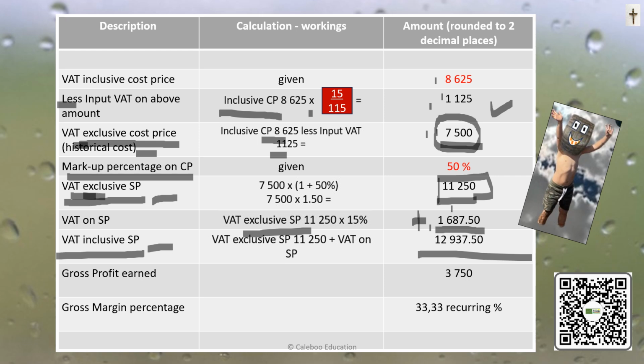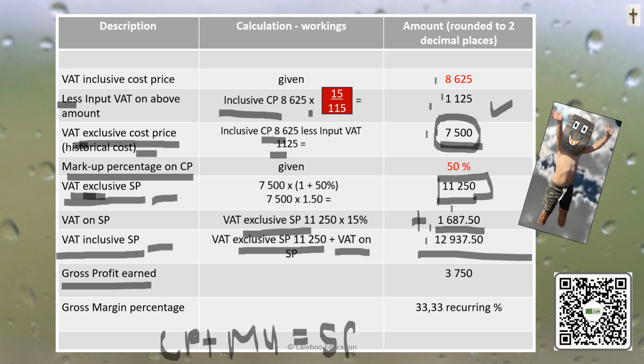So just what I said, the VAT exclusive selling price plus the VAT on the selling price is equal to 12,937 and 50. Now what is the gross profit earned? And gross profit is calculated like this: cost price plus markup is equal to selling price.